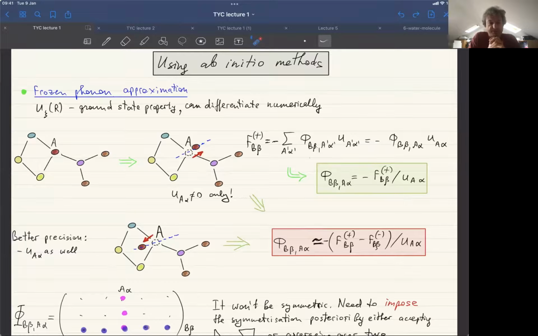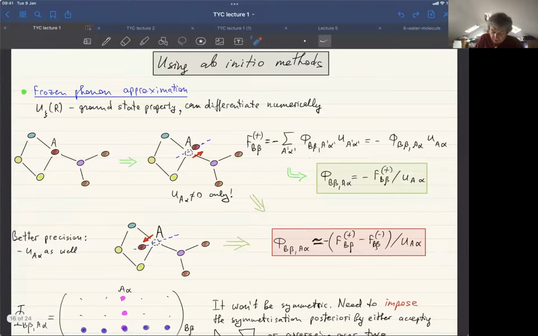The idea is as follows. Suppose we have a molecule like this, or it could be part of a unit cell of a crystal, so this thing is periodically repeated. Let me displace just one atom, with all other atoms in their equilibrium positions. If I displace just this one atom, the force on any other atom B, direction beta, would be given by this.